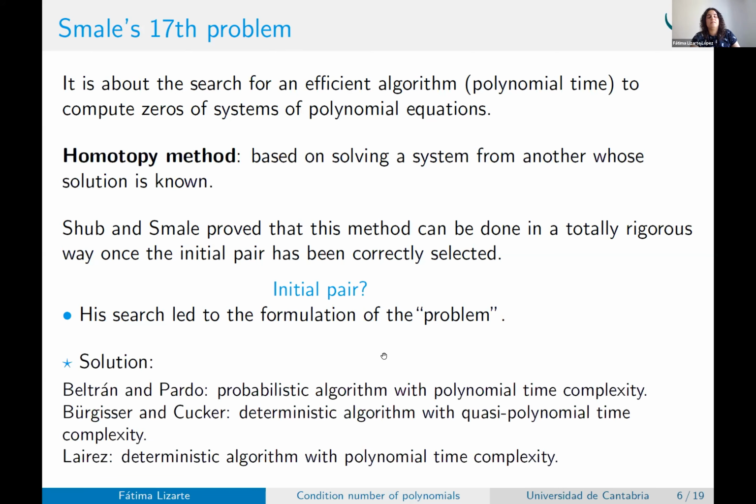Finally, Smale's 17th problem was solved, in different senses, by Carlos Beltrán and Luis Miguel Pardo, who gave a probabilistic algorithm with polynomial time complexity. Bürgisser and Cucker found a deterministic algorithm with quasi-polynomial time complexity. Lairez found a deterministic algorithm with polynomial time complexity. So, Smale's 17th problem was finally solved without finding the solution to our problem.